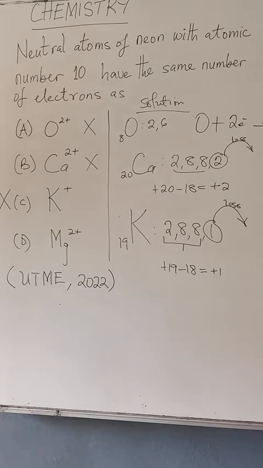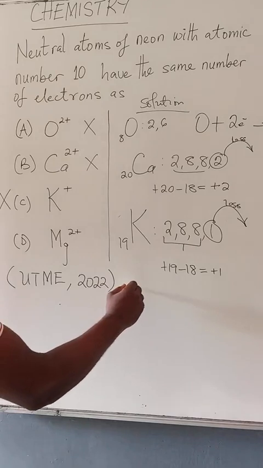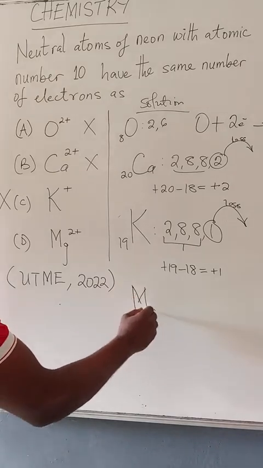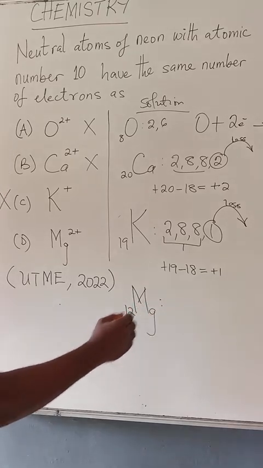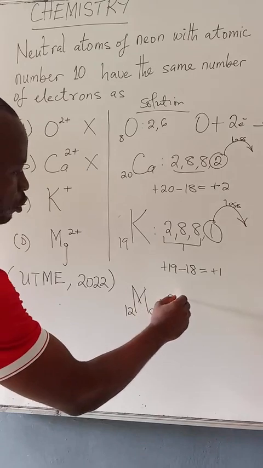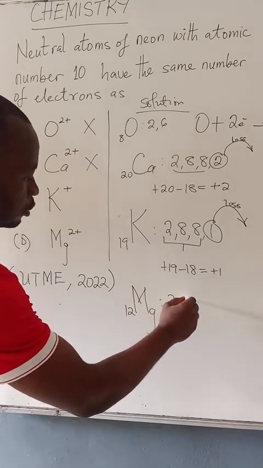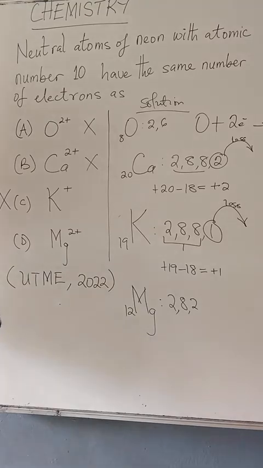Let's find out what happens in magnesium ion. Magnesium is element number 12 in the modern periodic table. So I'm representing it this way. Electron configuration 2, 8, 2. Does it have few valence electrons or more valence electrons?